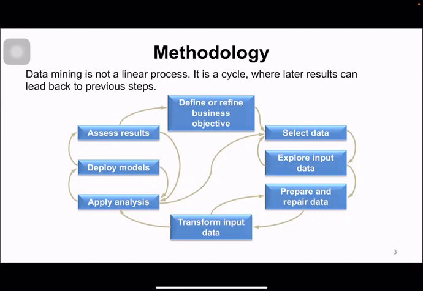So that's why we need to prepare, pre-process, and repair the data. What do we mean by repair? For example, you might have missing data, not applicable or not available. And then how do we deal with the missing data issue?